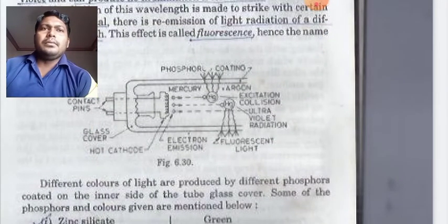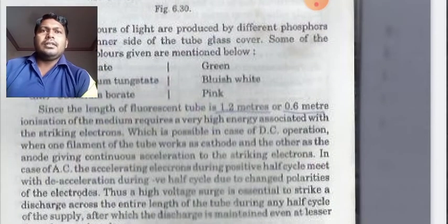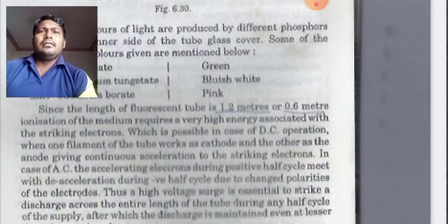So the length has been kept constant for a fluorescent tube, that is 1.2 meters or 0.6 meter. There are also fluorescent tubes available in 0.6 meters.